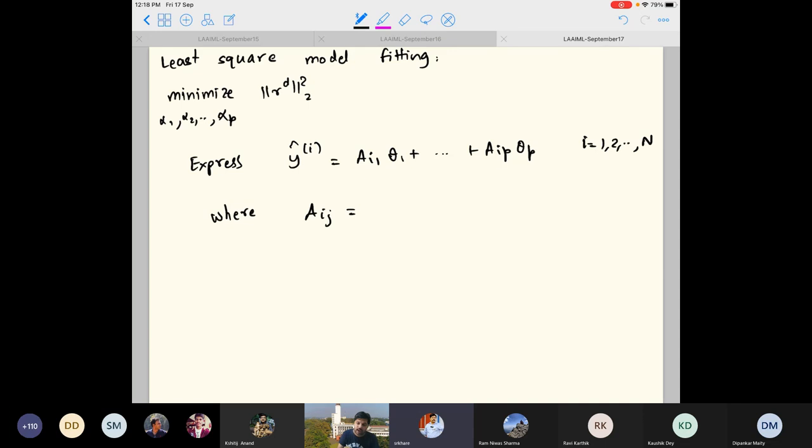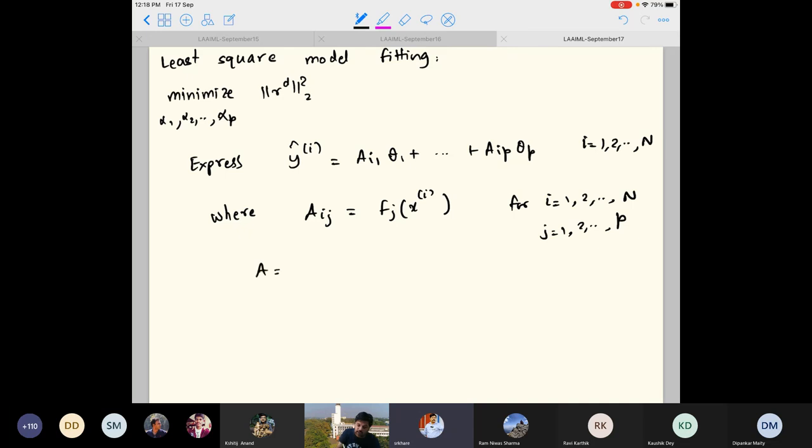What is aij? aij is the function fj evaluated at this particular point xi, for i equal to 1, 2 up to n, and j equal to 1, 2 up to p. There are p basis vectors, so aij will be equal to fj evaluated at xi.